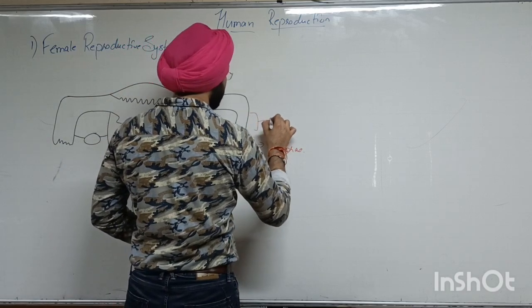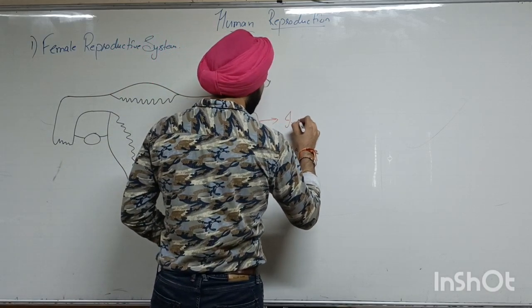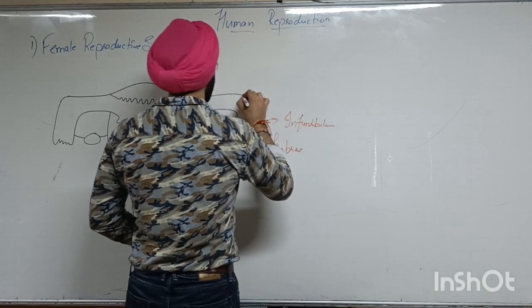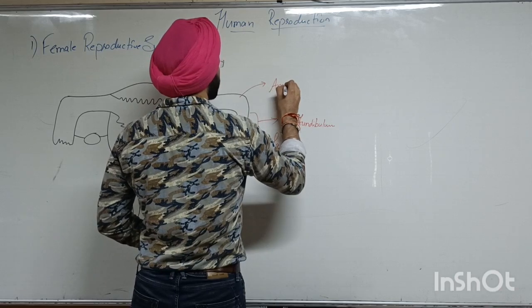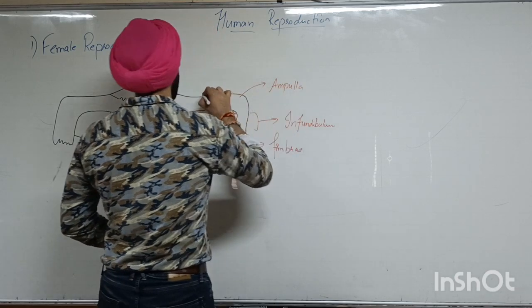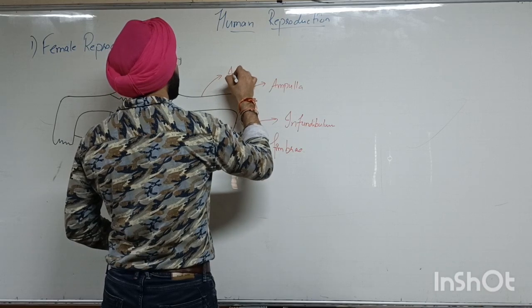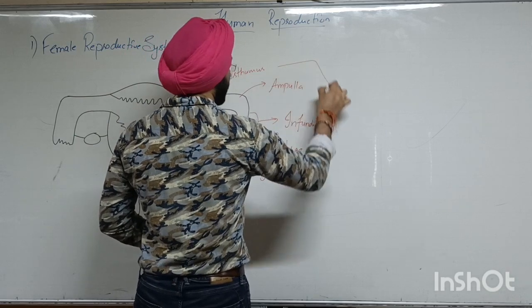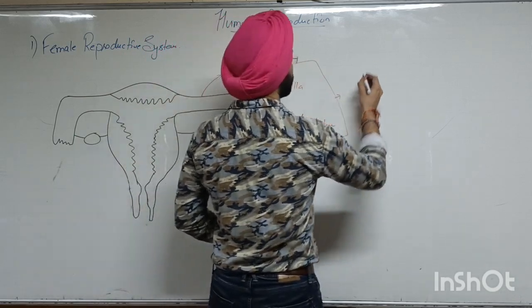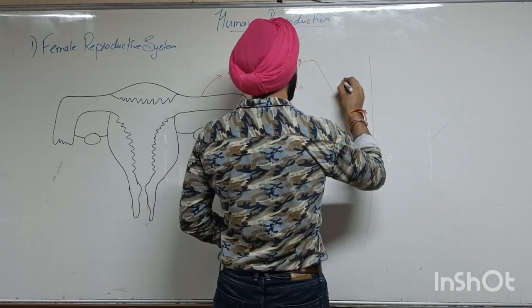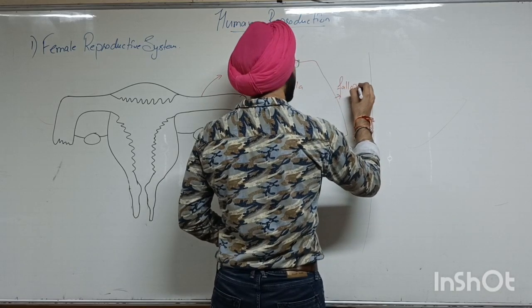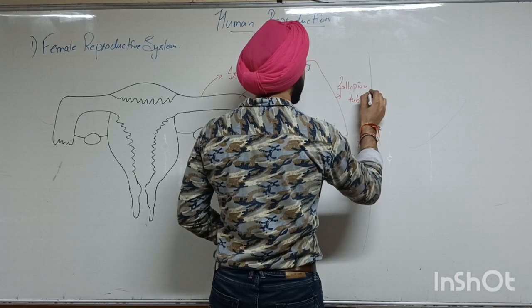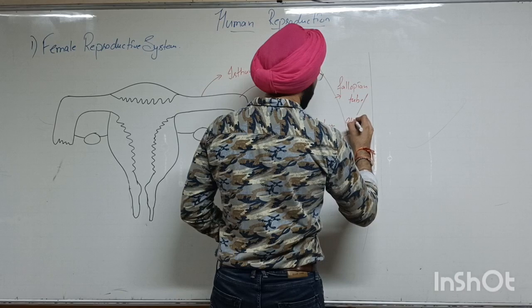This part is known as infundibulum, this part is known as ampulla, and this part is known as isthmus. These three parts make the fallopian tube, or we can say oviduct. Another name of this is oviduct.